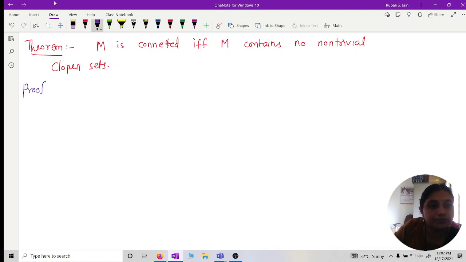Proof. Assume that M is connected. And what we want to prove now is that M contains no non-trivial Clopen sets.